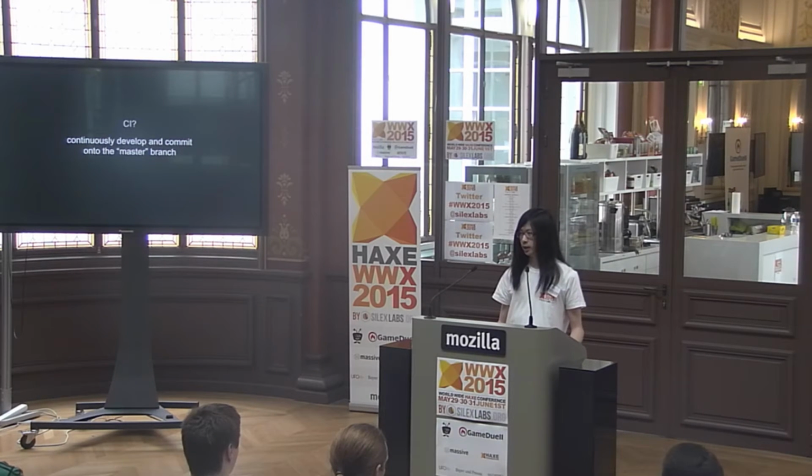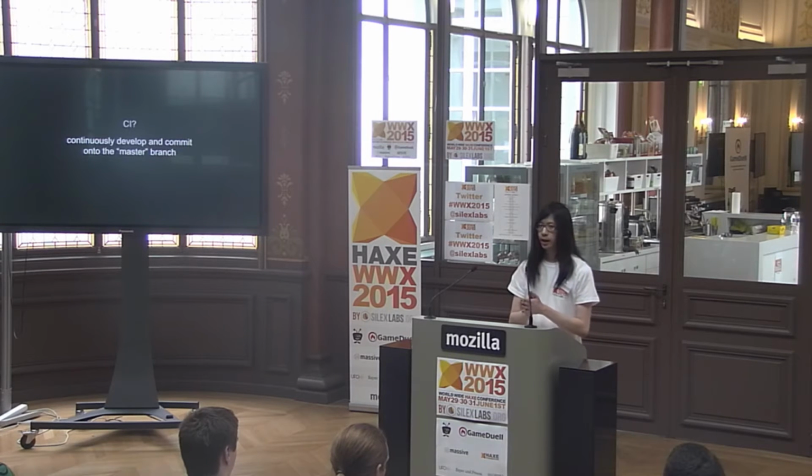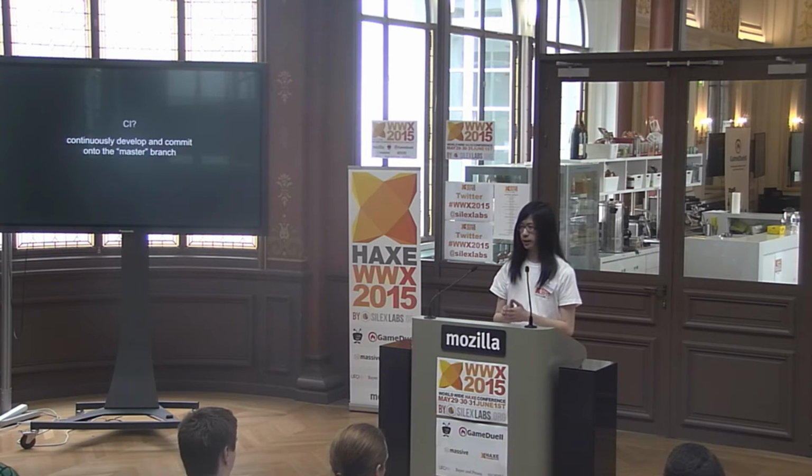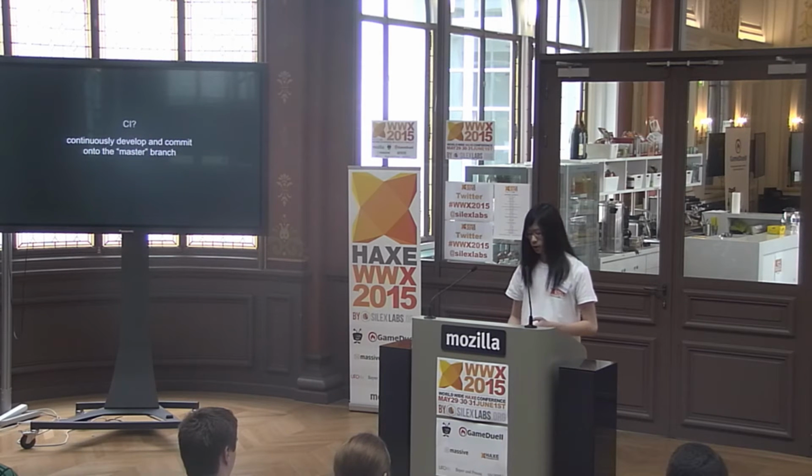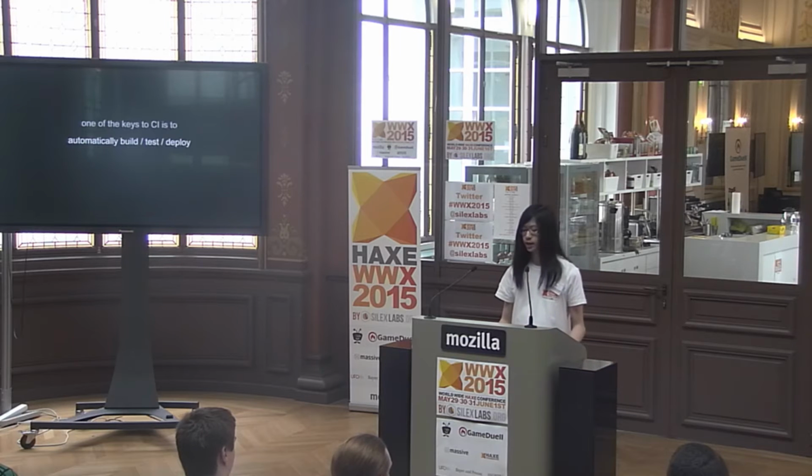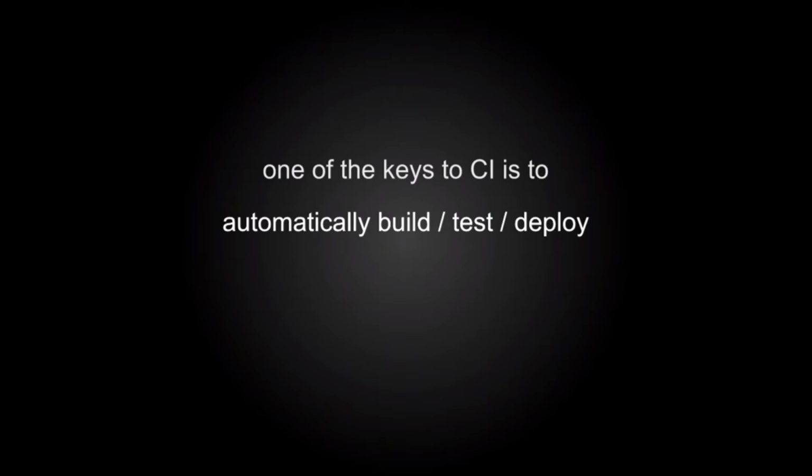But of course, the problem with that is that the master branch will evolve so quickly and rapidly, and then it's hard to make sure that everything you commit is stable and you won't break anything. So people find that the key to CI is to maintain the master branch in a fully functional state.